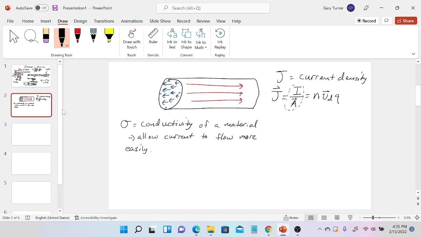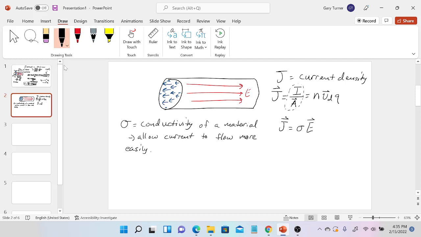And it turns out that your current density J is equal to the conductivity times the electric field established inside. And remember that your electric field is here.